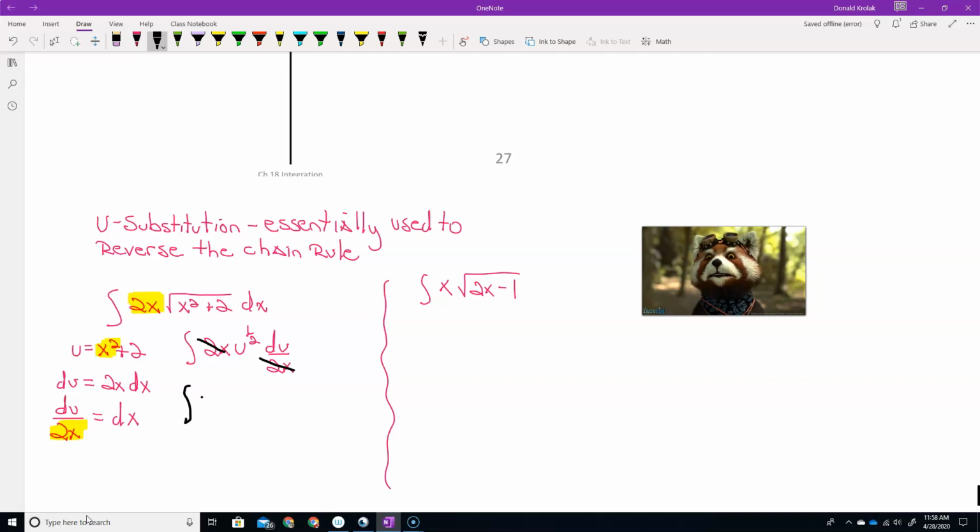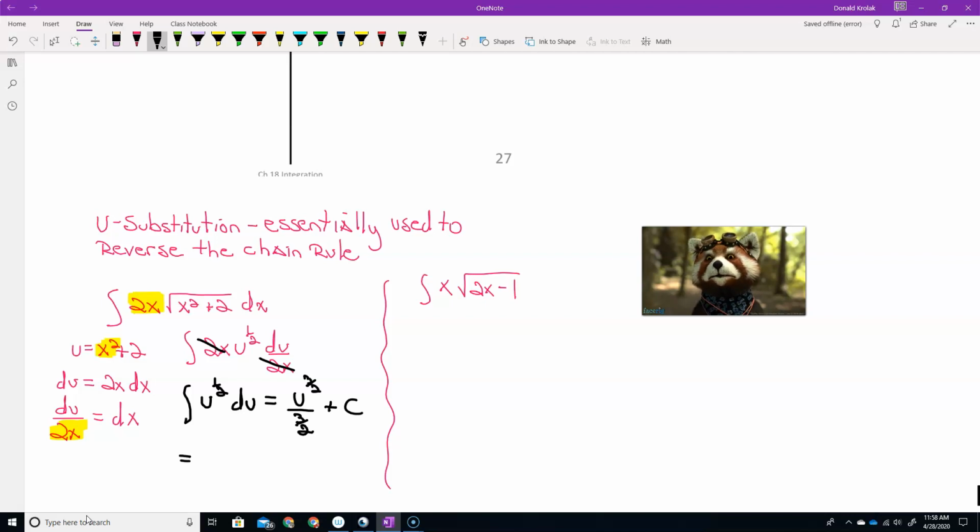Now I would integrate u to the 1/2 du, and that would be u to the 3/2 over 3/2 plus some constant c.